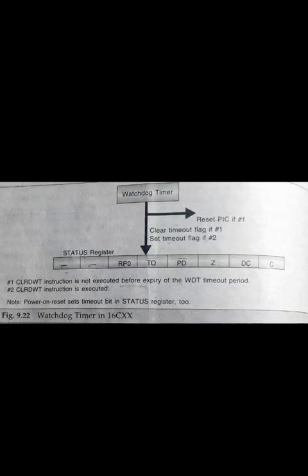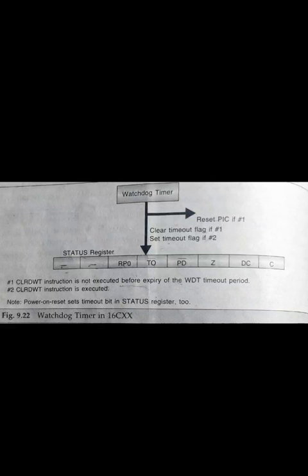The CLRWDT instruction sets the timeout TO bit in the status register. This TO bit is set during the power-up procedure. The watchdog timer can reset the TO bit.